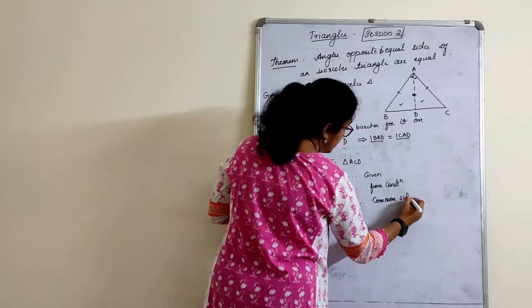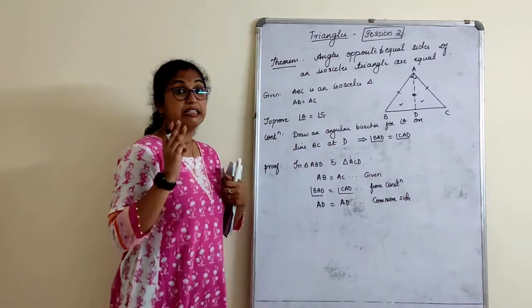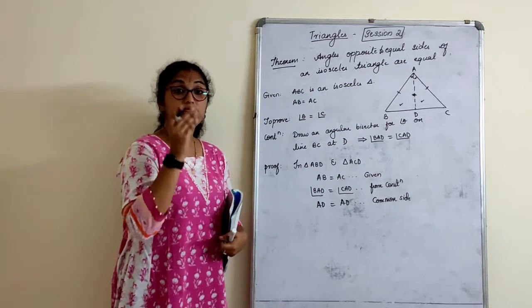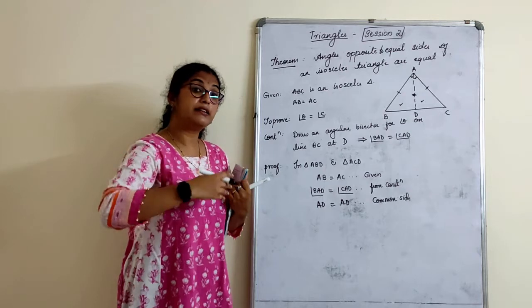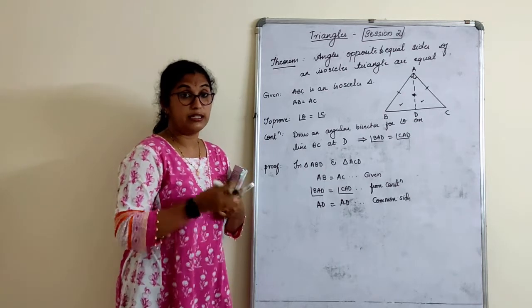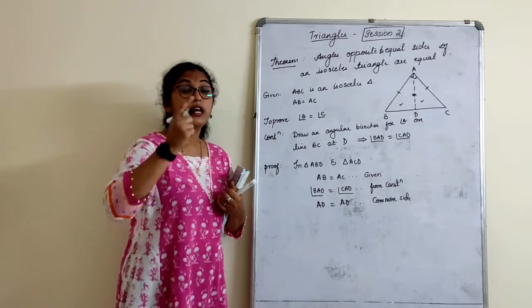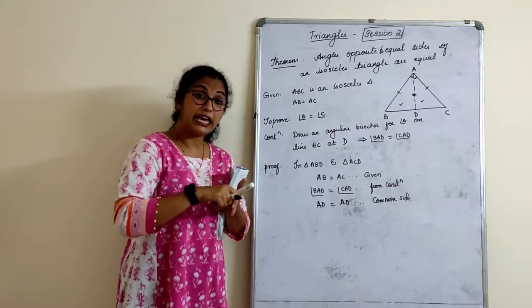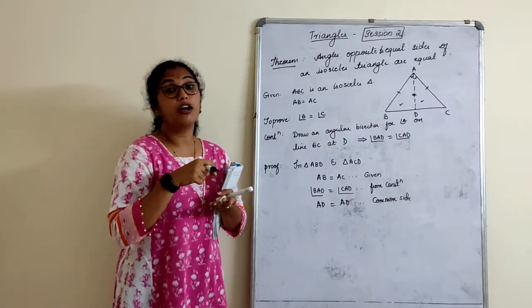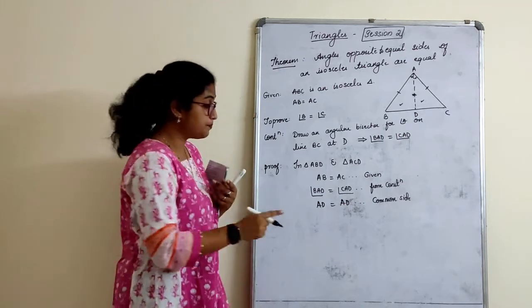Now just see how many parameters I have written. I have written 3 parameters with reasons. That is must and should for congruency. You just cannot write 2 parameters and say the given triangles are congruent. 3 parameters are must, which should satisfy SAS or ASA or AAS or SSS or RHS, any one.